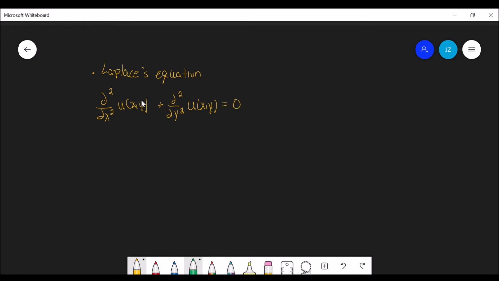Now, once again, this is second order, but this time it's a PDE. The unknown function is u. The independent variables are x and y, and there are no parameters.